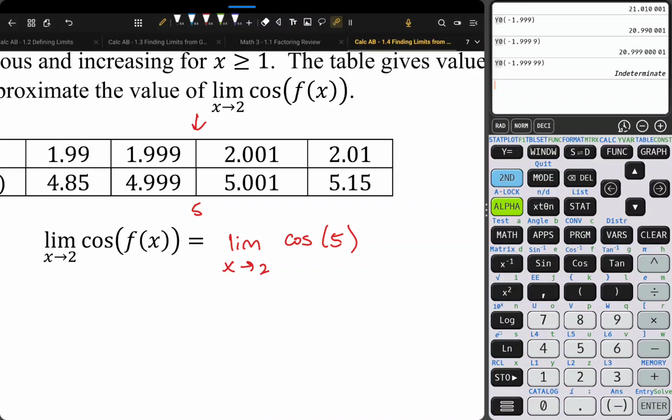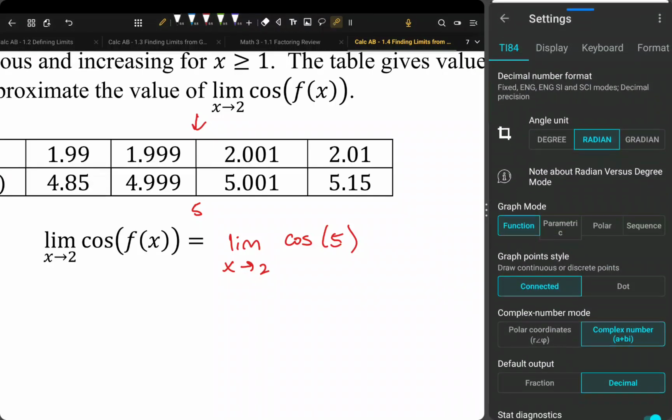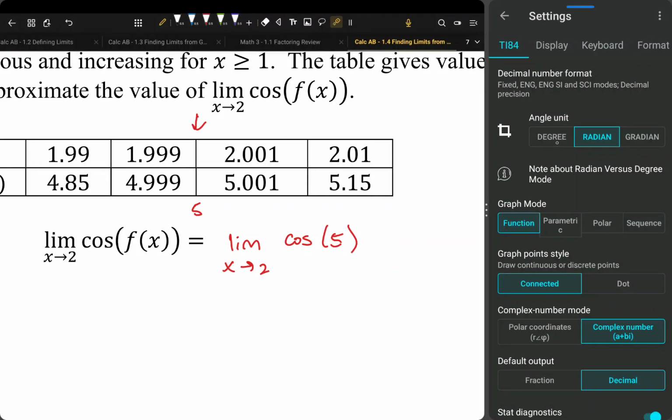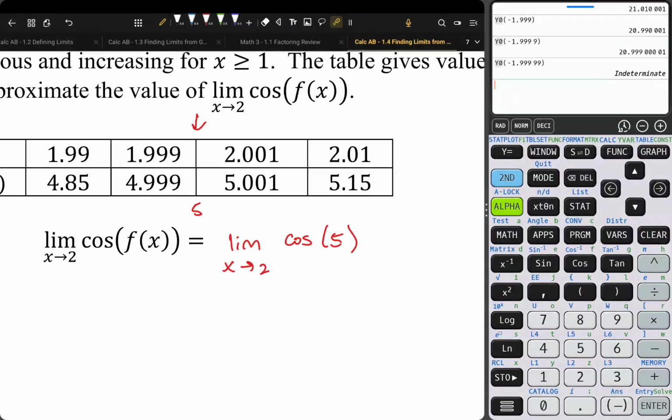If I wanted to do cosine of 5, please make sure your calculator is in radian mode. So if you hit mode, now this is going to look different, but there should be degree, radian, gradient options. Make sure it's under radian. Okay, so cosine of 5. So the limit as x approaches 2 of cosine of 5 is going to be 0.284 if I round it.